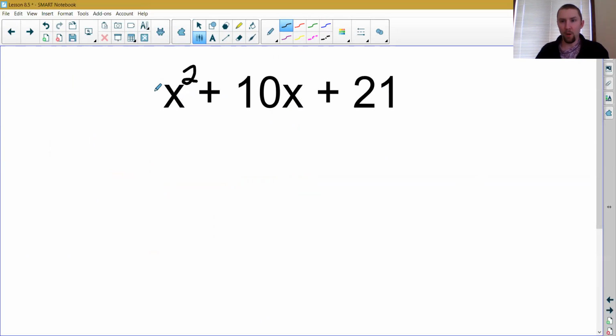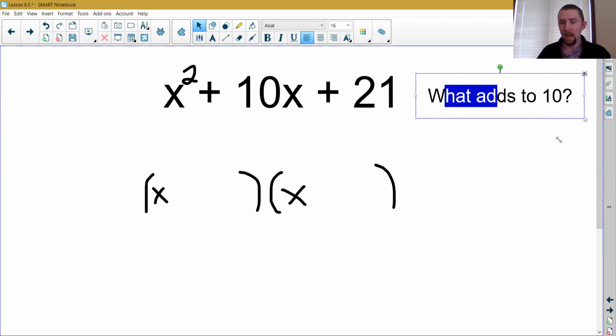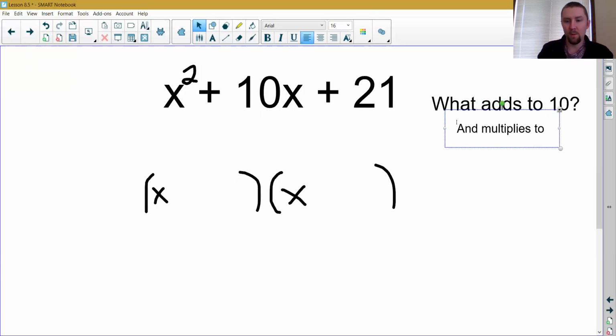When there's not a number in front of x squared, and we want to factor this polynomial into two sets of parentheses, it's always going to be x and then something, x and then something. Now, the way we figure out what these two numbers are is we ask ourselves two questions. Question number 1: what adds to 10? Why did I pick 10? Because that's the middle number. What adds to 10 and multiplies to 21?